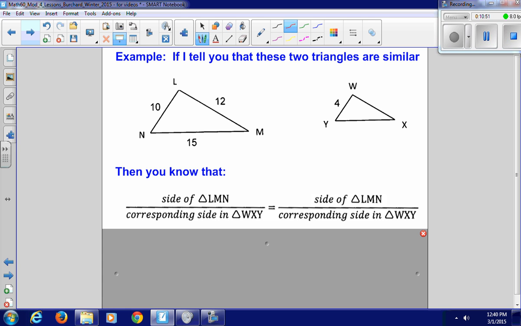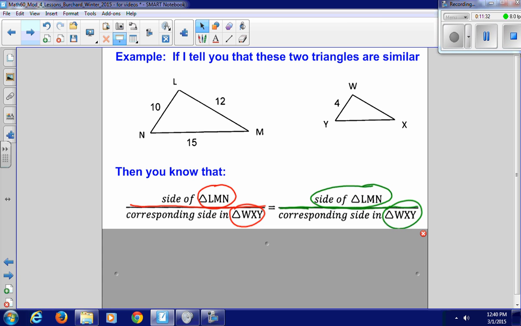So that means that if I pick one side of triangle LMN, and then I set it up as a ratio, remember that just means set up this ratio with the corresponding side in the other triangle, then that's equal to another side of LMN in a ratio with the corresponding side of that other side in WXY. And we're going to work one with all the numbers to see how that works.